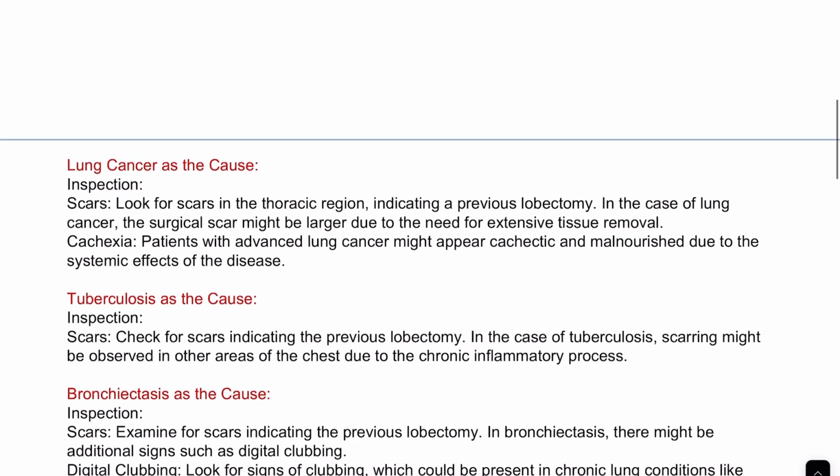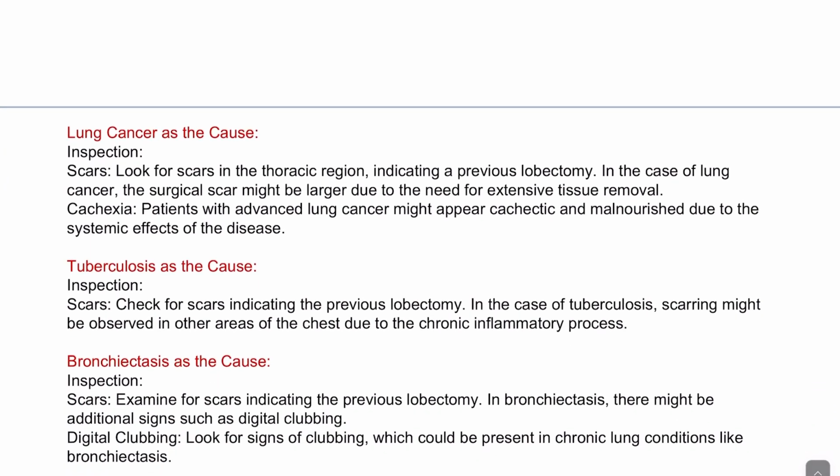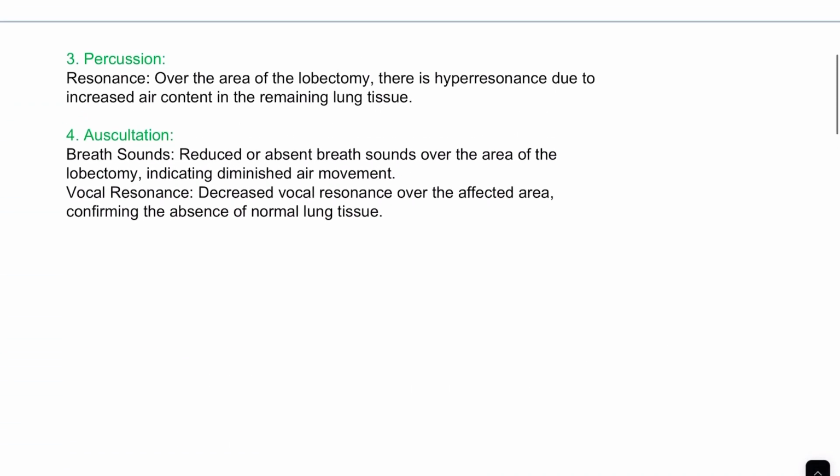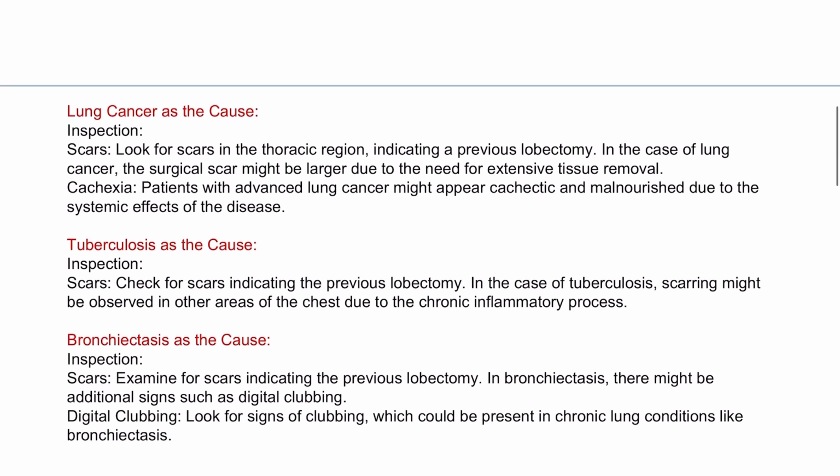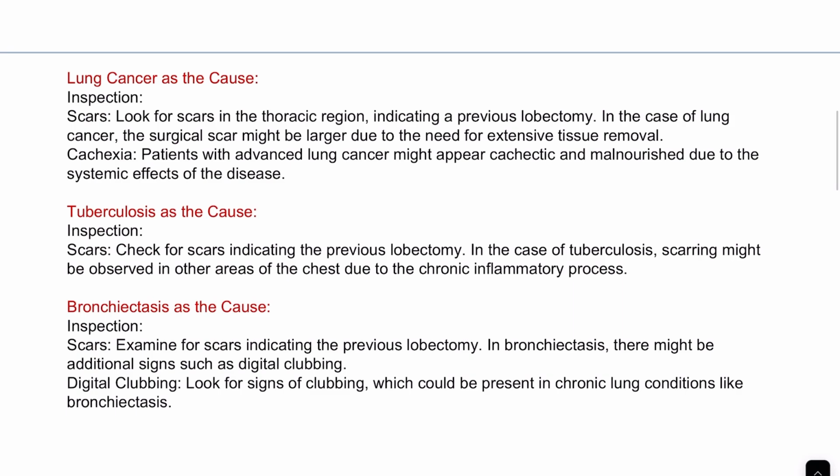But remember that while you are doing your inspection, percussion and auscultation, think about the differential diagnosis, that is, why the patient had this procedure. There are only a few things due to which lung surgery is done.